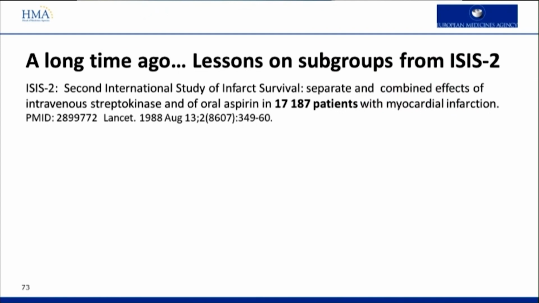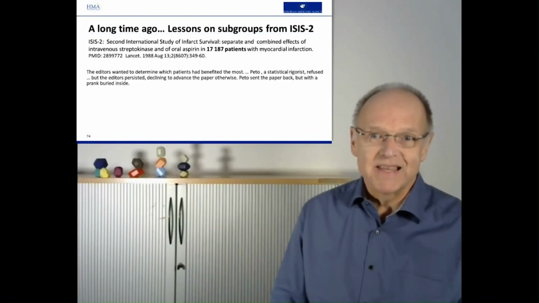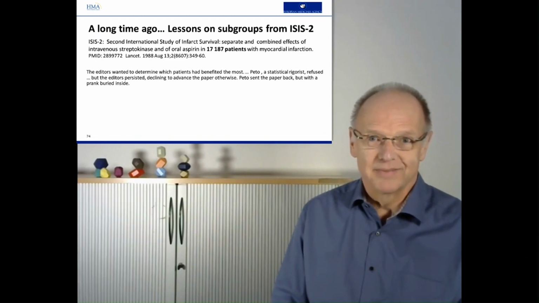With overall 17,000 patients included, the mere size of the subgroup should not have been prohibitive for meaningful results. And so, the editors of The Lancet insisted, overruling the reluctance of the leading statistician Peto, on an analysis of subgroups. The result is a timeless jewel in the crown of scientific publications.